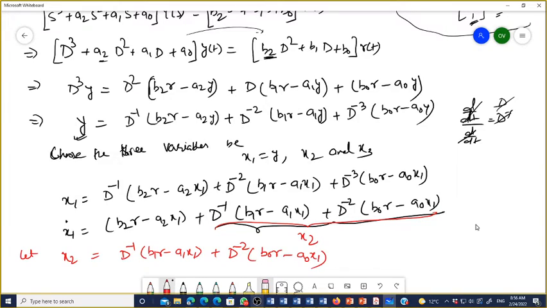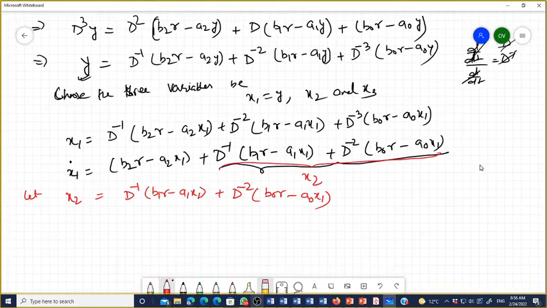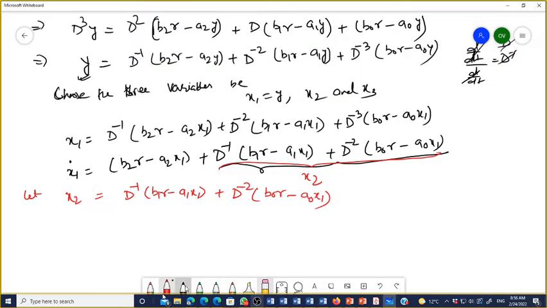It means your x1 dot becomes b2r minus a2x1 plus x2. Now tell me, what is the x2 dot?